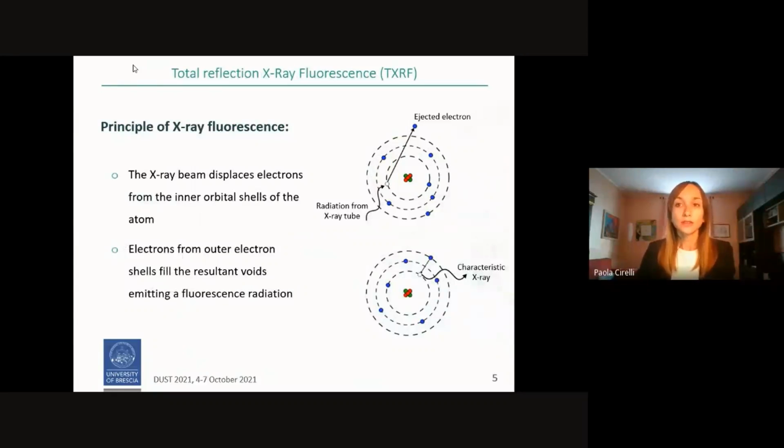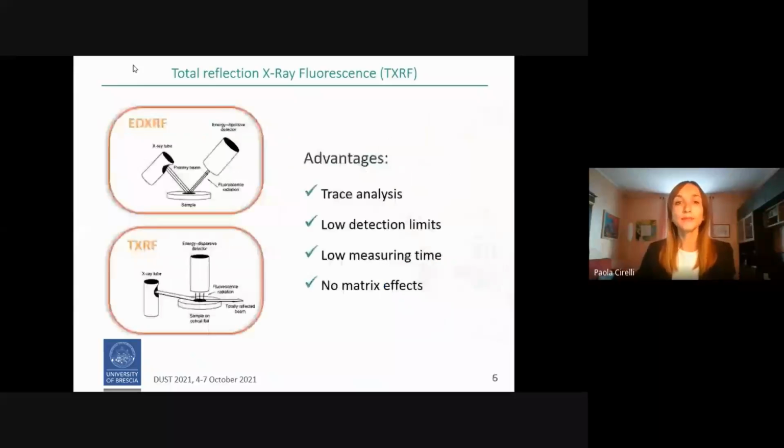The ejected electrons leave behind vacancies, making the atom unstable. Electrons from outer electron shells fill the resultant voids, emitting a fluorescent radiation that is specific for the atomic species involved and allows to obtain quantitative and qualitative information about the elemental composition of the sample.